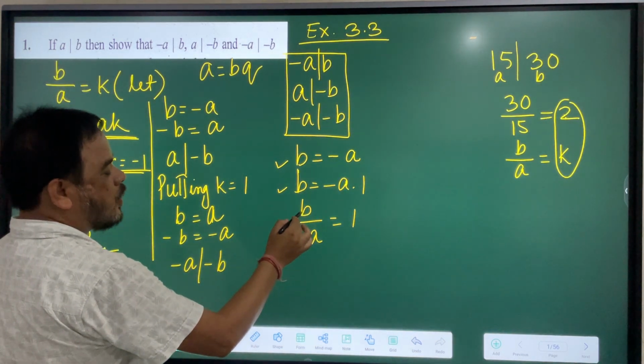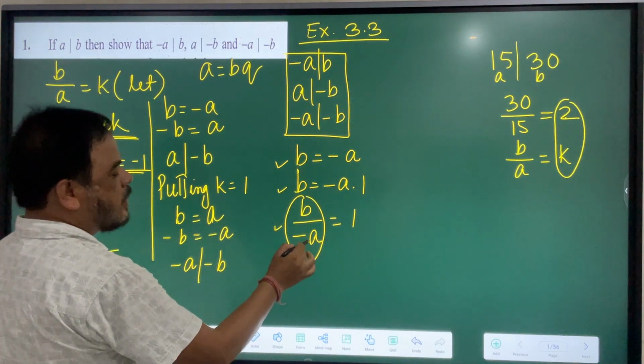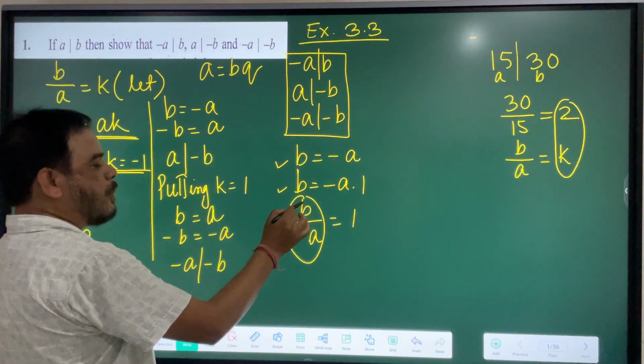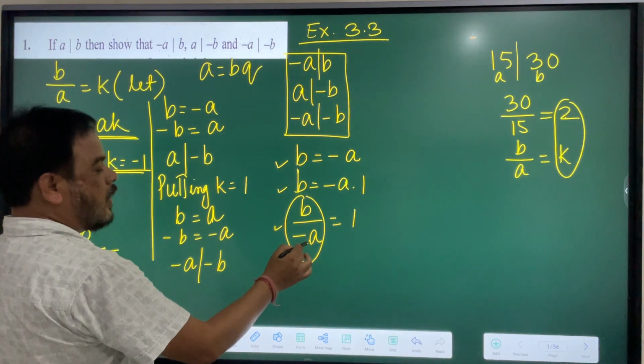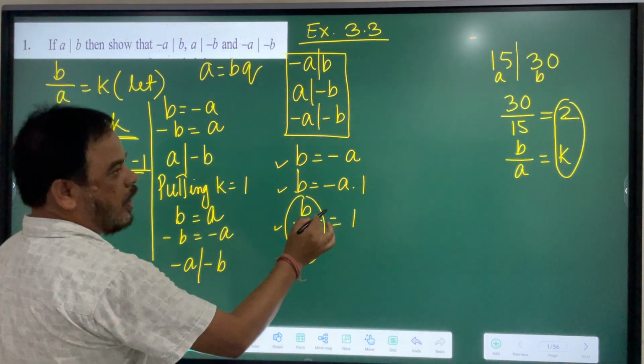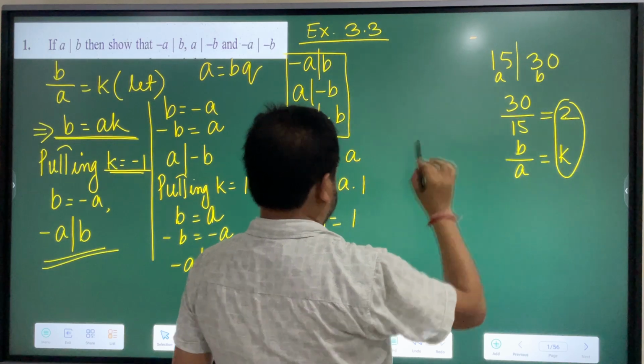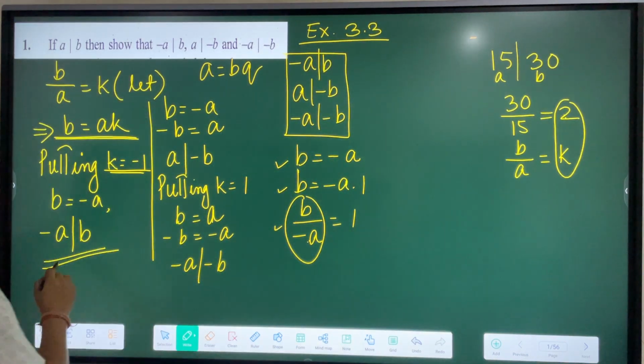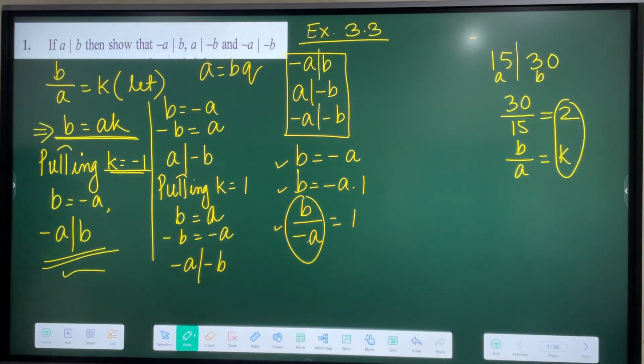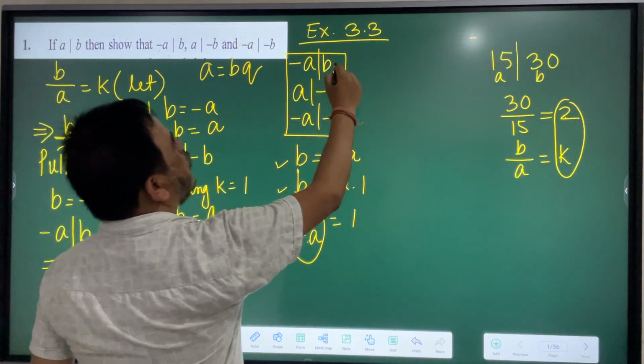So this means minus A divides B, that is, B is divisible by minus A and the quotient is 1. So minus A divides B.